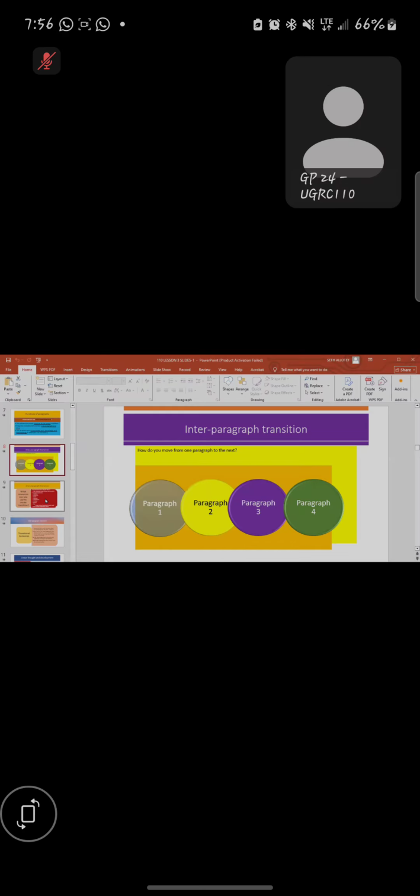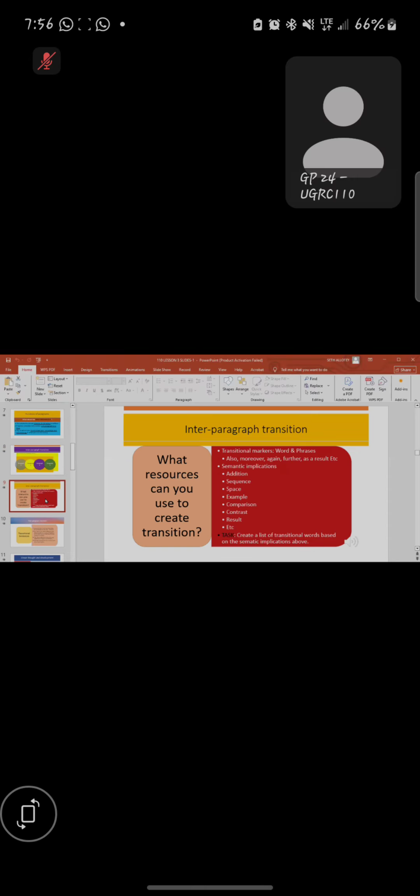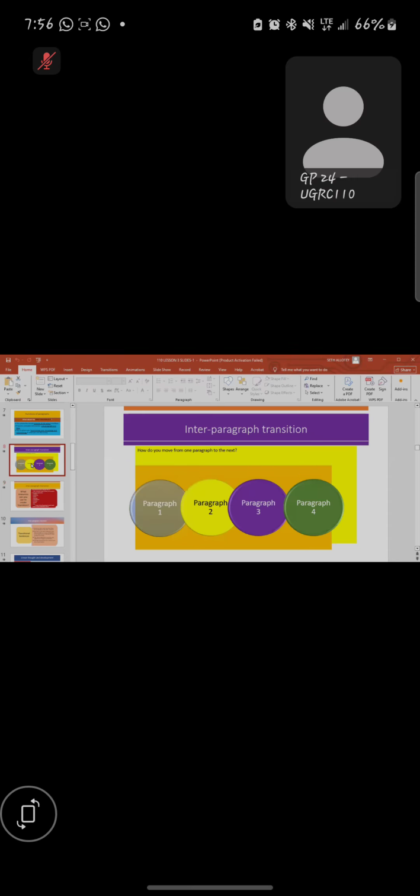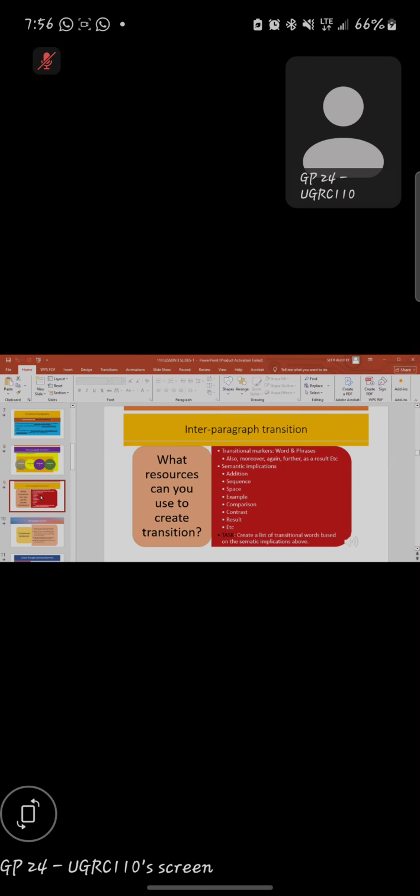And how do we do this? How do we ensure that there is interparagraph transition in our essay? We use this tool, what we call transitional markers. Transitional markers are made up of words, phrases, we don't have it on the slide here, and sentences.